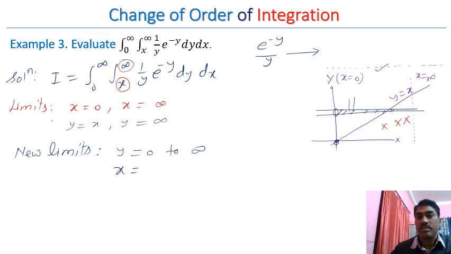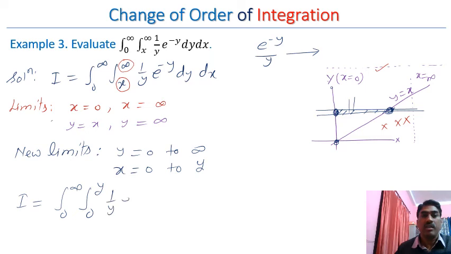The region starts with the y-axis, means x is equal to 0. So x starts with 0 and ends with this line y is equal to x, so here x is equal to y. So our new integral, with the order changed, is 0 to infinity, 0 to y, 1 by y e to the power minus y dx dy.